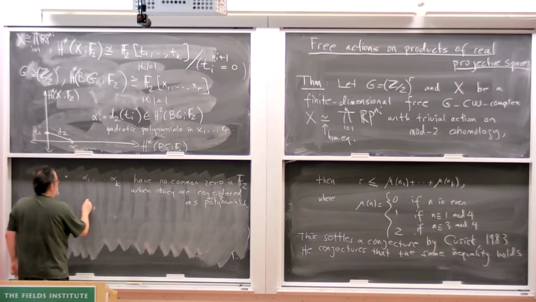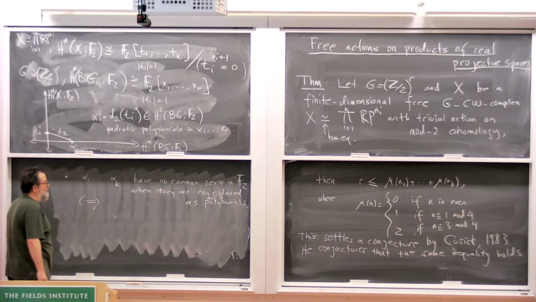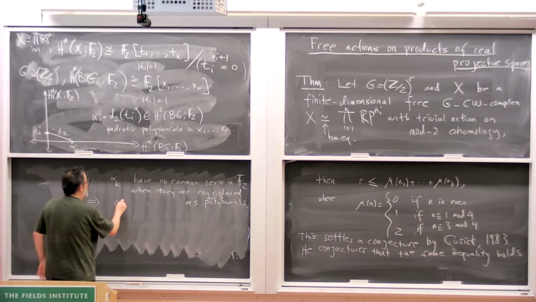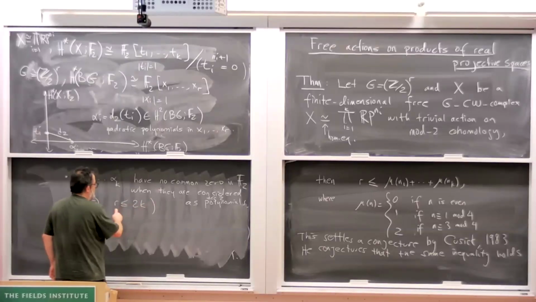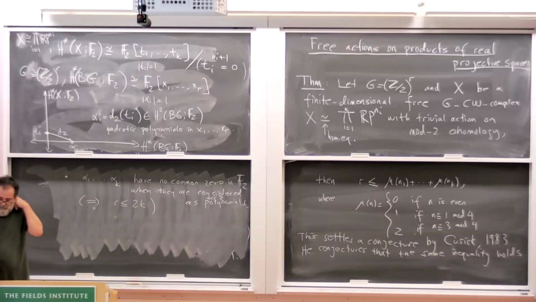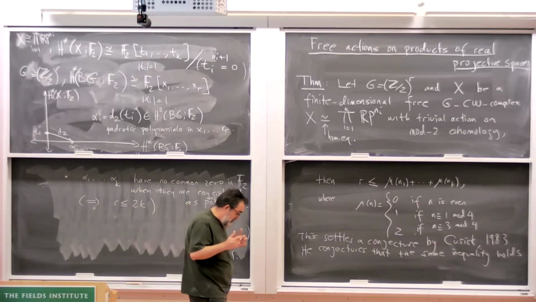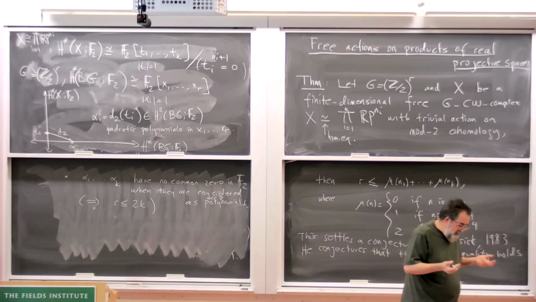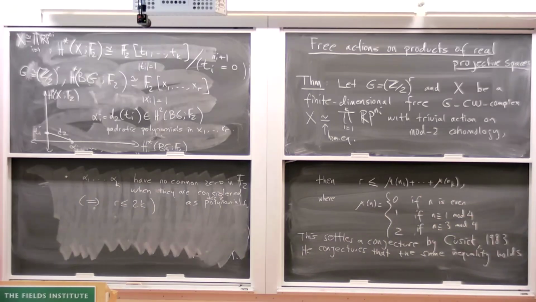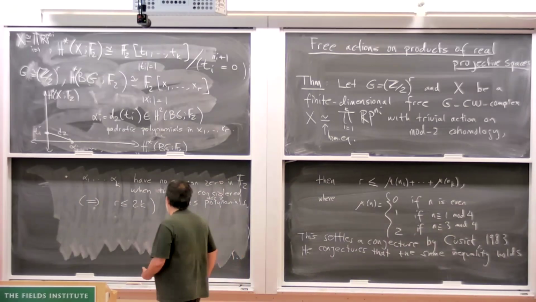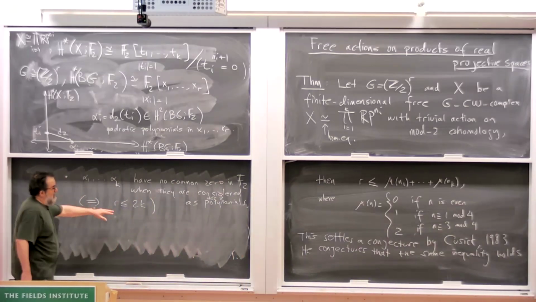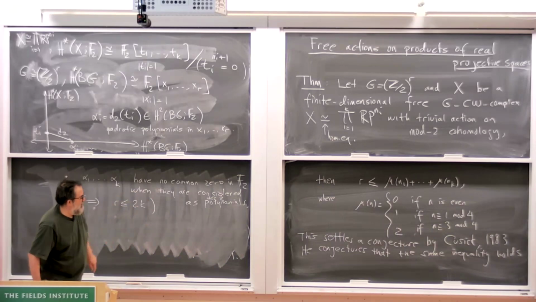So this already tells us, by a result, that r is less than 2k. This is a result that follows from homogeneous polynomials of degree n: if you have k of them and they have no common zero, the number of variables has to be less than nk. There's a result like that. And so we get the 2k already from this.